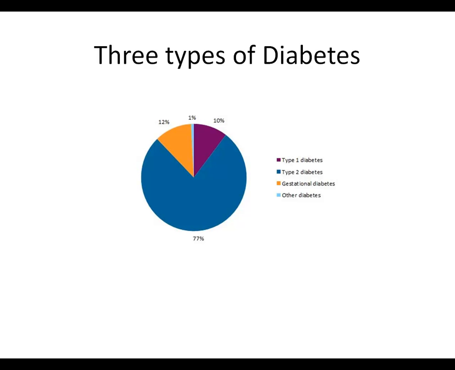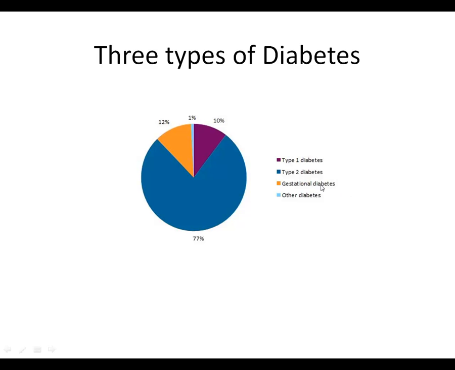Most of the diabetes that we see in the United States is type 2 diabetes. Gestational diabetes is, in some ways, a type 2 diabetes that is triggered only when women are pregnant.